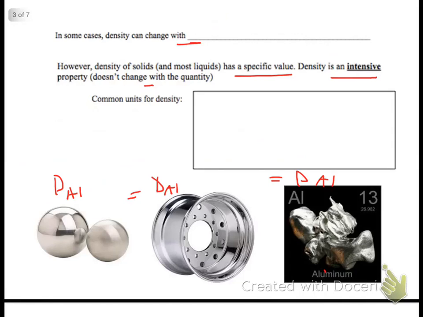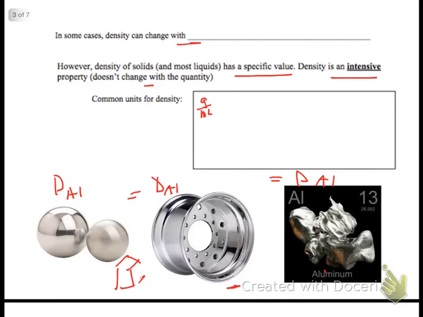If they are pure, they will all have exactly the same density. Okay, because we're talking about how much it weighs per same size unit of volume. Okay, so this might weigh the most, but it's also got more volume to go with it.